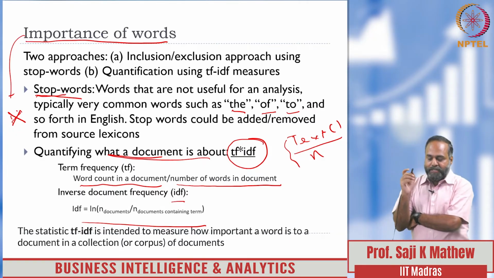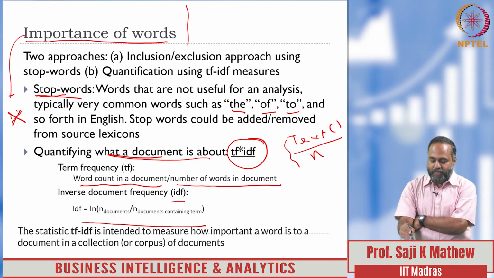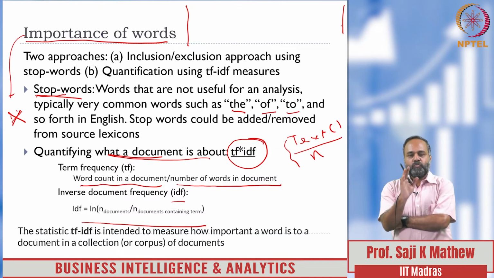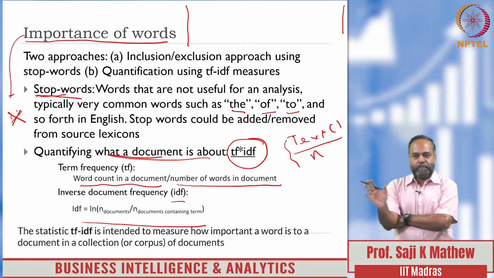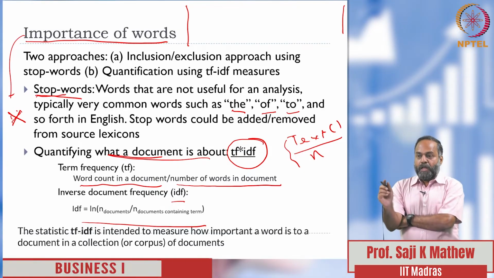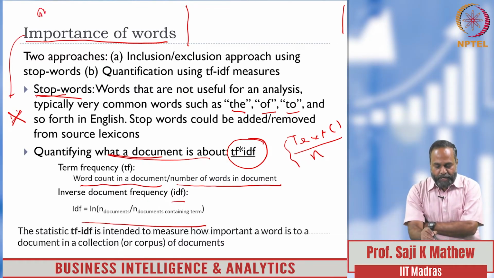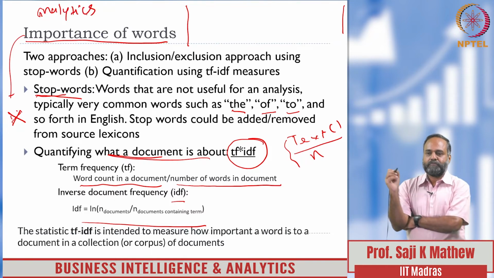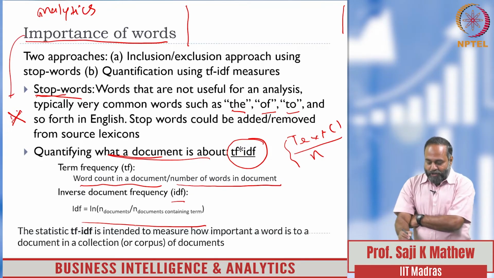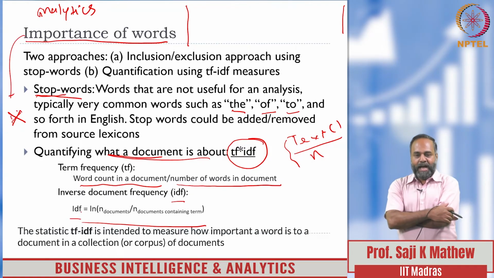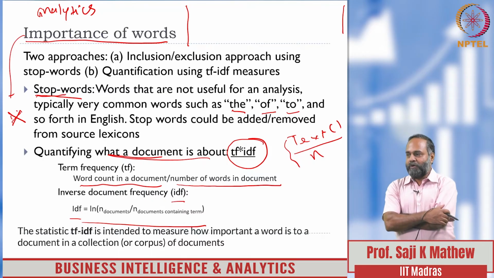To understand this, to illustrate this, let me talk about my course. Suppose it is spread over 14 lectures, 14 PPTs, and this is text. Now you have 14 documents. Take a word like analytics. What do you think about the IDF of a word like analytics in the 14 PowerPoints?